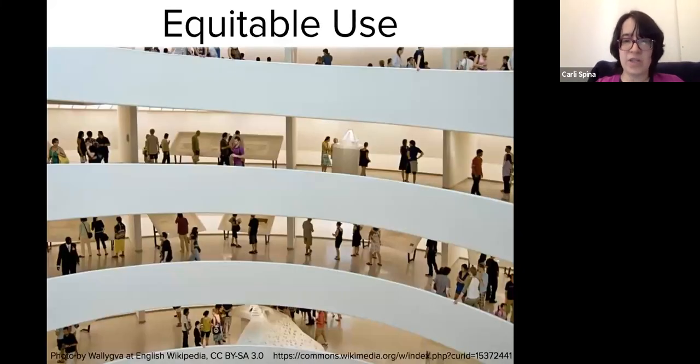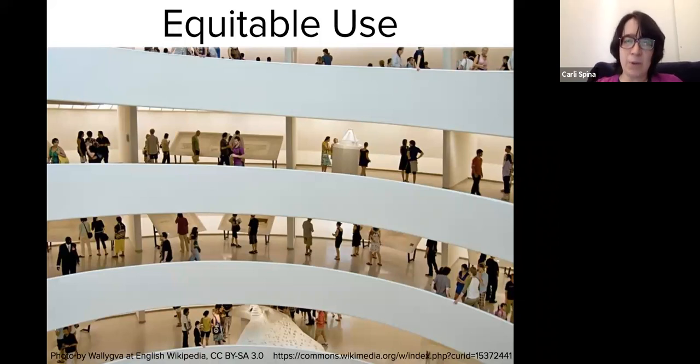So equitable use is all about trying to make sure that everyone is able to use a space or a service together without need for separation. So a really great example of this is the Getty Museum, and it is built around a slowly ramping upward spiral. And there are stairs and there is an elevator. So there are alternatives for folks who don't want to walk up the ramp.